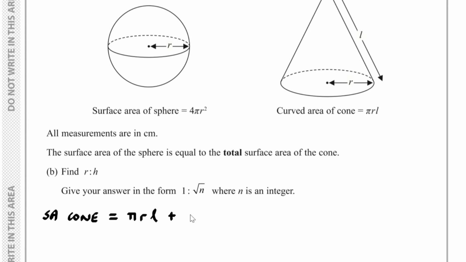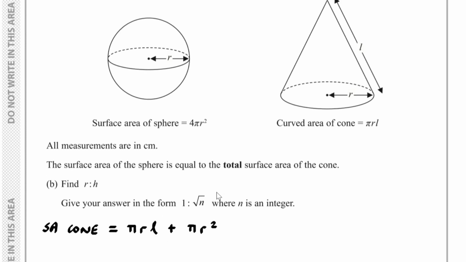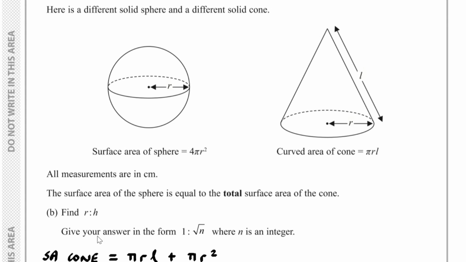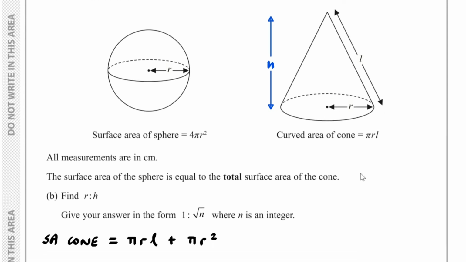That's pi r squared. Now, the problem is, I've got this L over here. I don't want an L. I want an H here. So what I can do is define the height of the cone to be H.